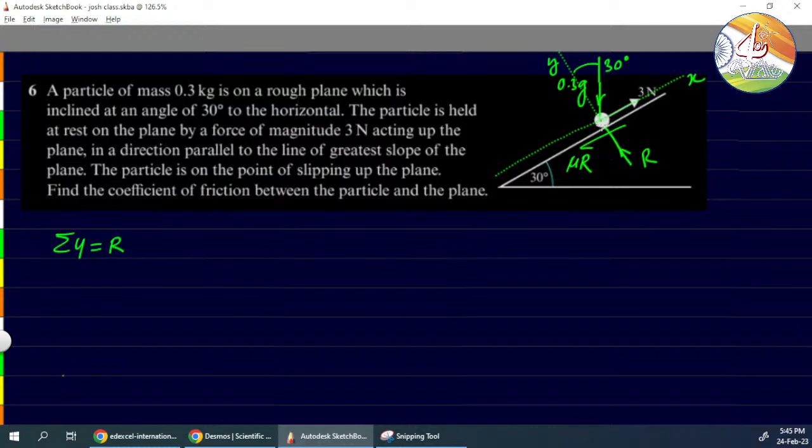So these two won't come in the y components. Then what is the component of 0.3 g, sine or cos? So this is where you get confused every time. That's why I'm stopping at this point. Is it cos or sine?